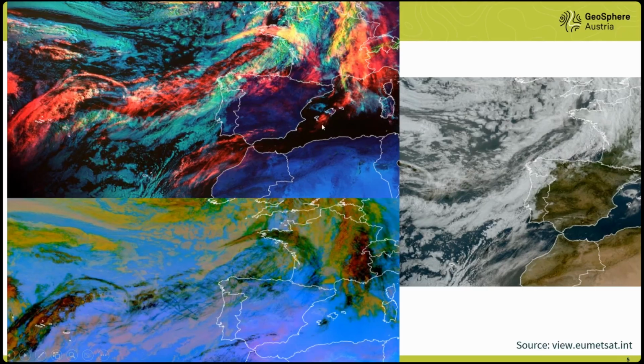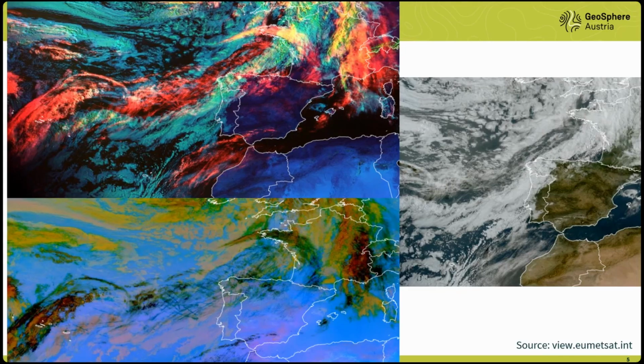But when you take a look at the Cloud Type RGB, you can see quite easily that the southern one is a thin cirrus and the northern one, the bluish one, is a water cloud, mid-level water cloud. So yeah, the Cloud Type RGB, the name is really clear. You can easily say what cloud type it is.